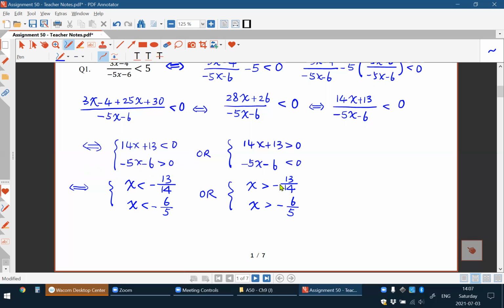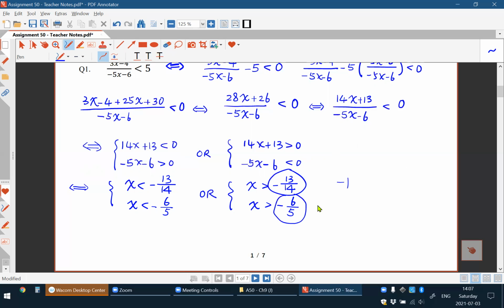So which of the two numbers is larger? So minus 13 over 14: 13 over 14 is less than 1, right? So this is a number that is greater than minus 1.